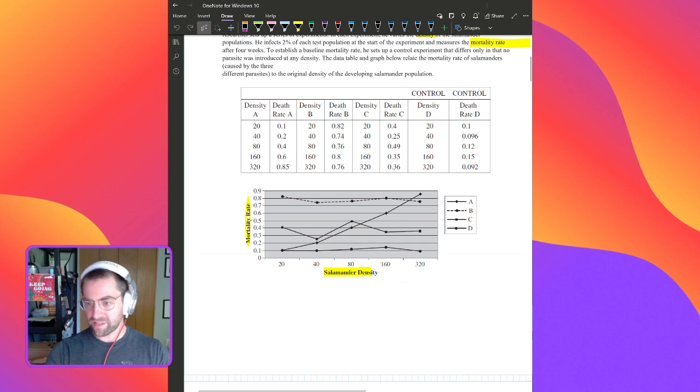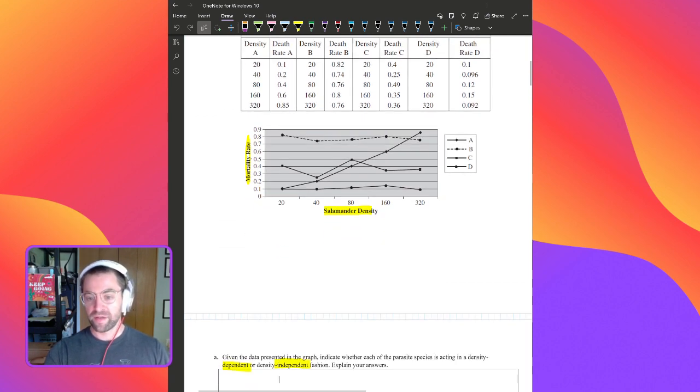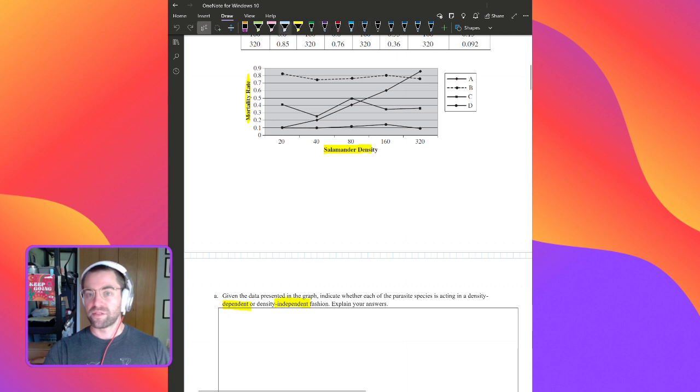So let's take a look at A, the solid line with the diamonds. And it looks like as salamander density increases, so does the mortality rate. So density, population per unit area, and mortality rate, deaths per population, per unit population. So what this is telling us is that parasite A is clearly acting in a density-dependent fashion.